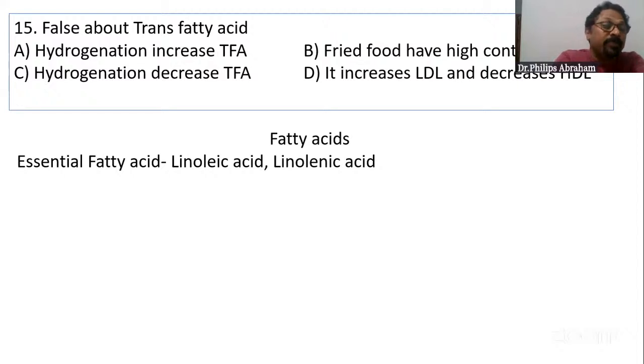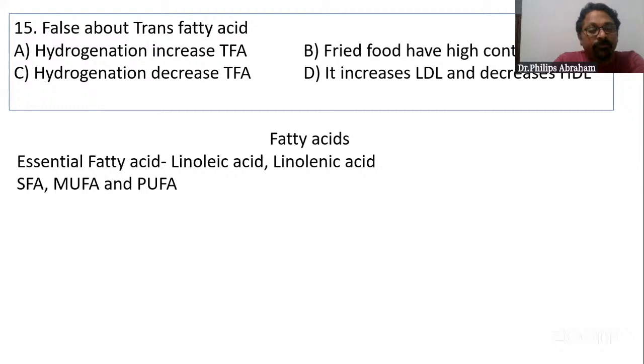Like our essential amino acids, we have essential fatty acids that cannot be synthesized but should be supplied through the diet. They come under PUFA only. They help in the transport of cholesterol from tissues to liver in HDL metabolism.